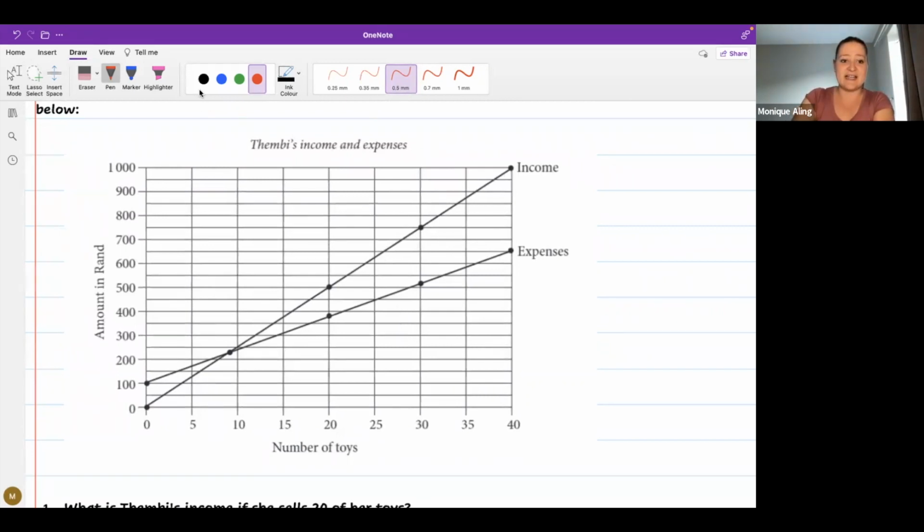And as you can see, like I said, our income line is starting at 0 and 0, which it always will, because if you don't sell anything, you don't make an income. And our expenses line, again, does not start at 0 because you always have expenses before you start selling or providing a service. Okay, and as you can see, those lines intersect, so we know we are dealing with a break-even question.